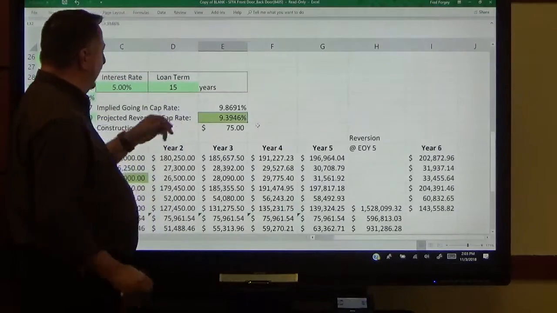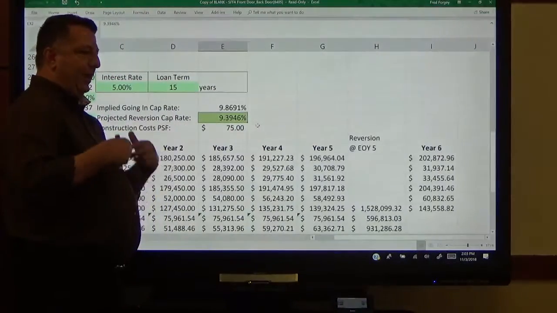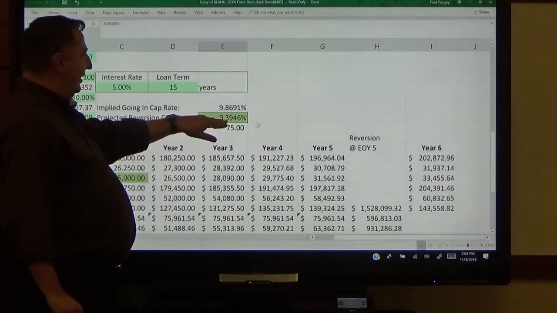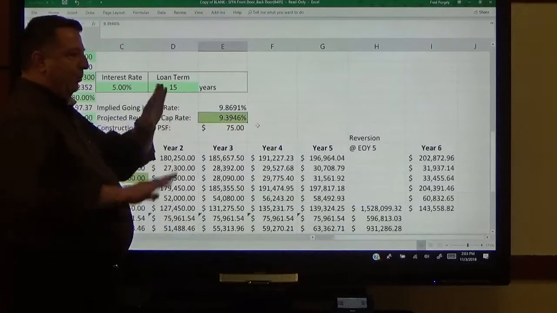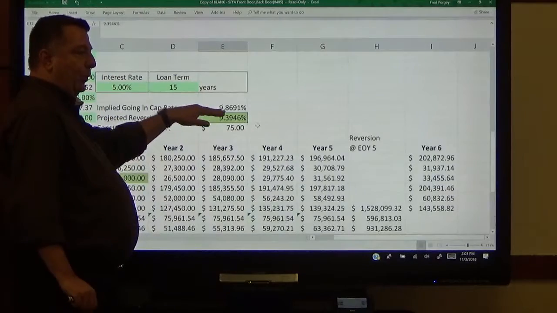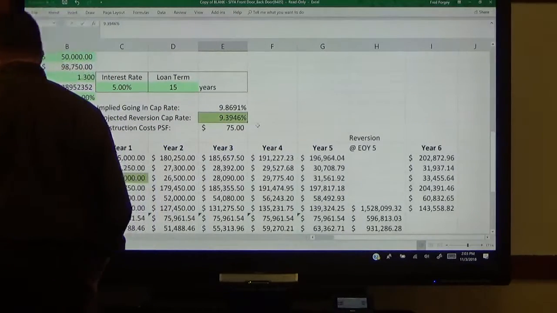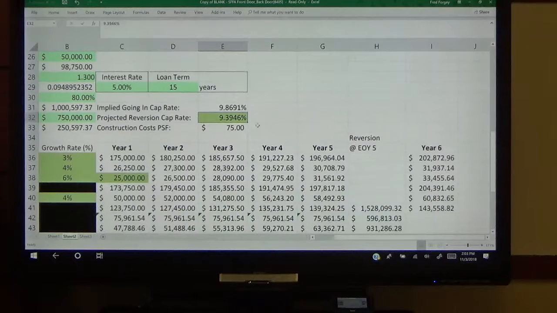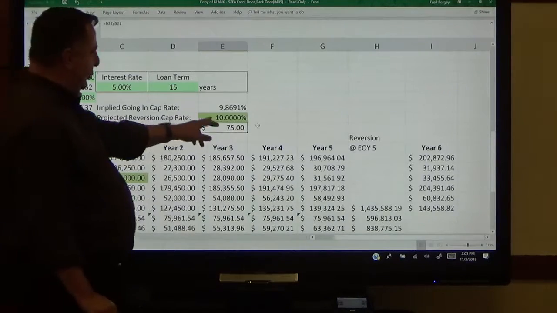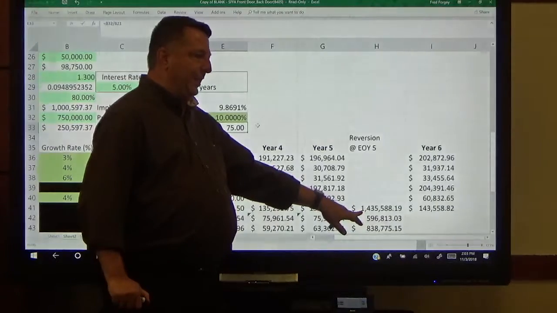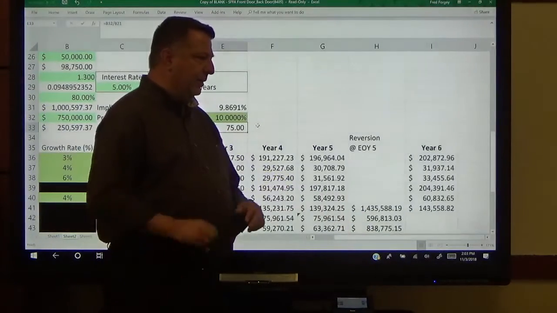But in this case, I'm flipping it the other way around and saying, what if I desire a 9.39? There's no meaning to this other than that's what I desire my cap rate to be whenever I sell it. I could have easily made that 10%. And if I made it 10%, that's going to change what I end up having to sell the property for at the end of the 5th year.